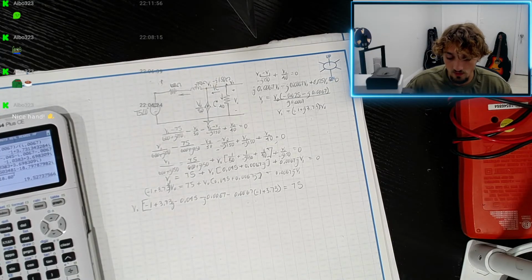V1 minus 75 over 600 plus J150, minus V out over 50, plus V out over 40.